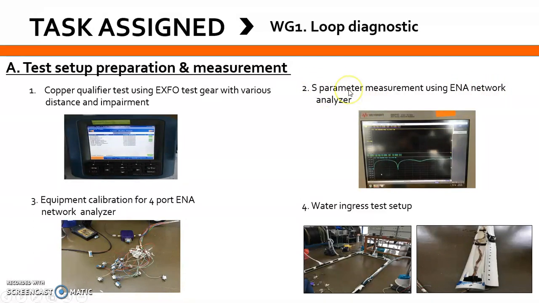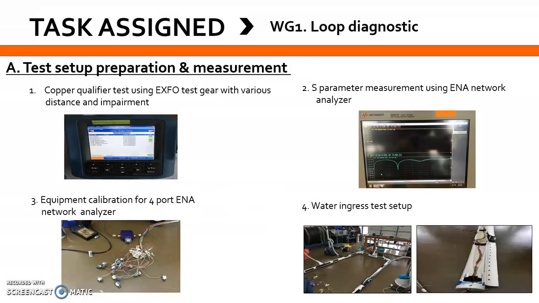S parameter is like using S11, S12 to show the relationship between the input and output, how much input you can have and how much output you can have. And the third one I got involved with is the equipment calibration for the 4-port ENA network analyzer.